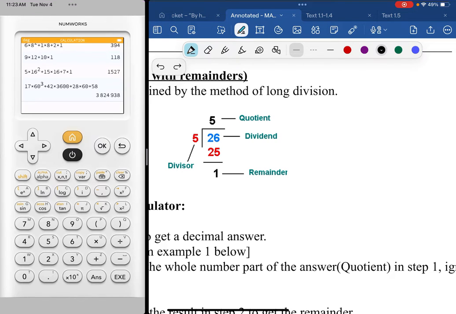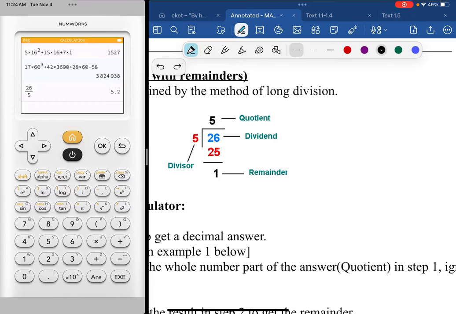All right, so what we're really doing is we're taking that 26, dividing it by 5. Now, previously, I'm sure, any other instance in which you would have done long division, you probably did it by hand, maybe with the support of a calculator, but not necessarily. So this, we're just going to look at it from a calculator standpoint. All right.